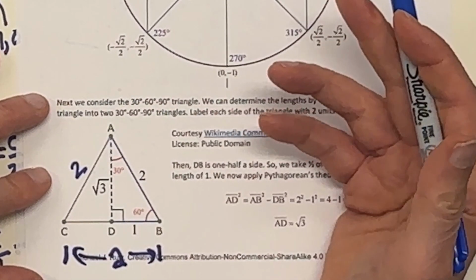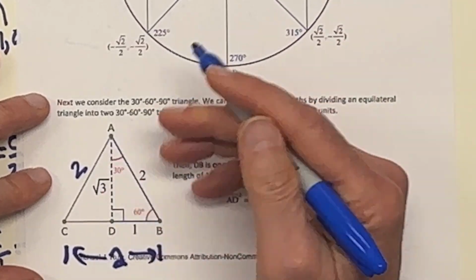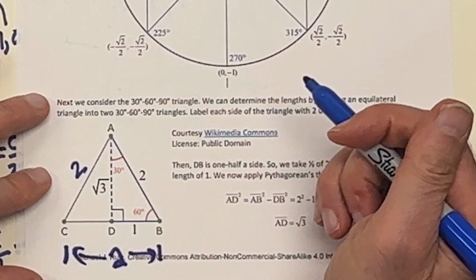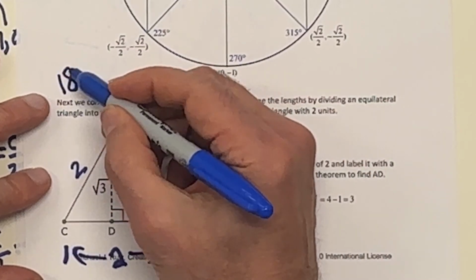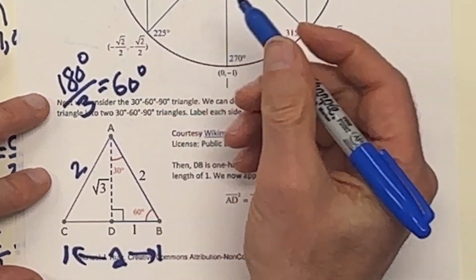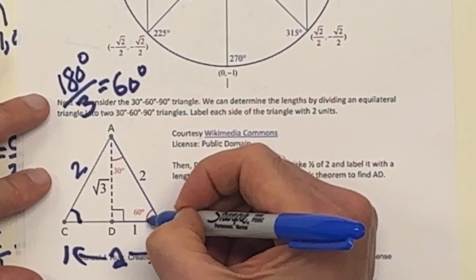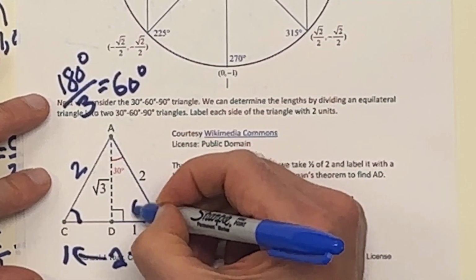All the sides are equal. Now, if all the sides are equal, then all the angles are going to be equal. It's a very symmetric figure. So each angle would be, well, we have 180 degrees for the triangle divided by 3. Each one's going to be 60. 60 degrees, this is going to be 60, and this is going to be 60 here.